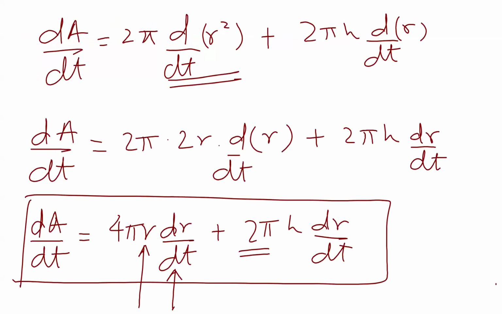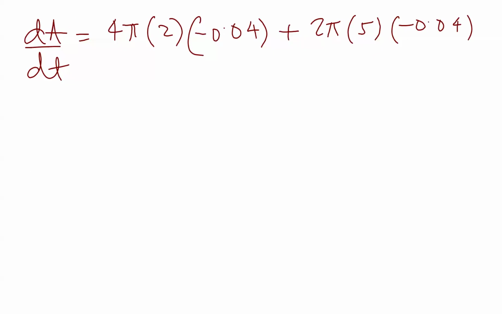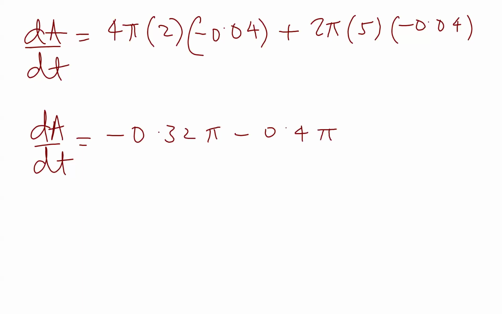Okay, these values I am putting. So dA by dt is equal to 4 into 2, that is 8, 8 into 0.04, that is minus 0.32 pi. And this is 10, 10 into 0.04 is minus 0.4 pi. So dA by dt is equal to minus 0.72 pi.